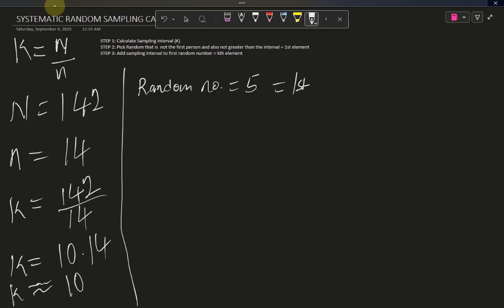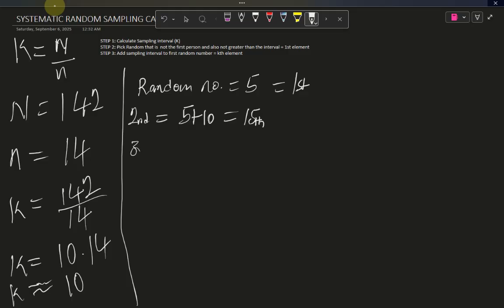Remember that the first element is the random number. Good. Then the second element will be equal to 5 plus the interval, so 5 plus k, where k is equal to 10. So 5 plus 10 is equal to the 15th person.